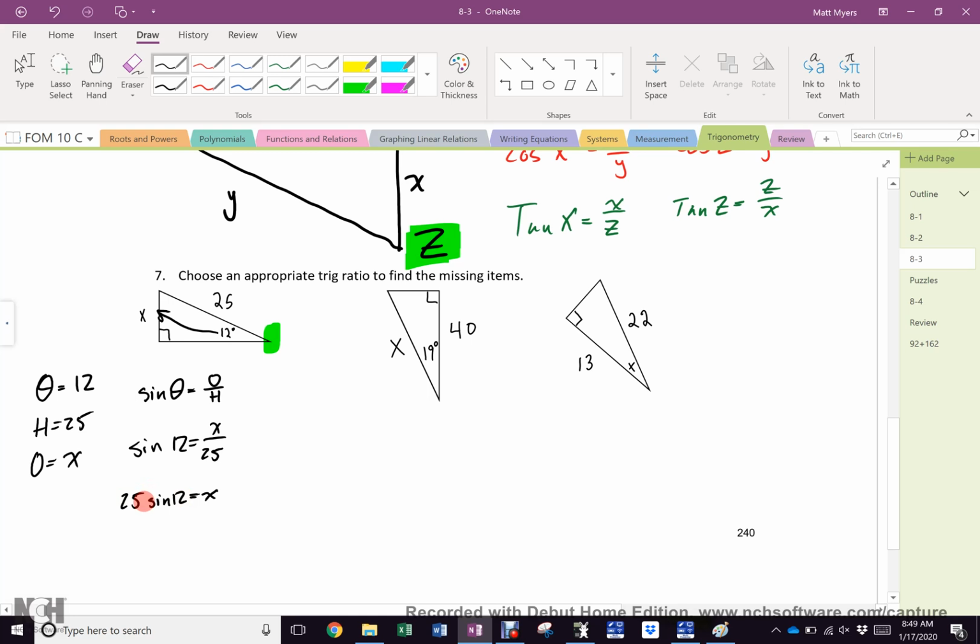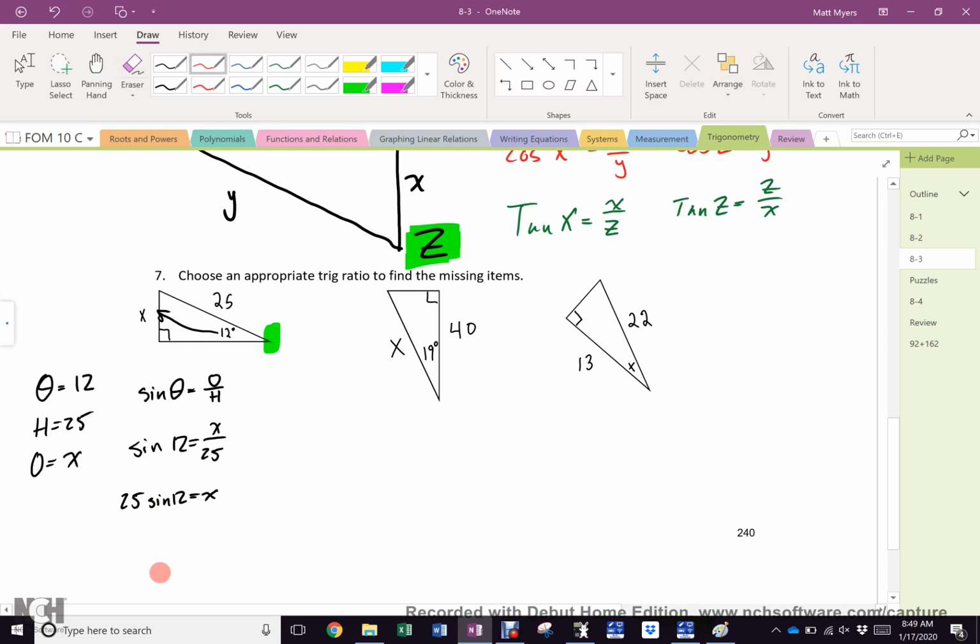Some of you may need to push times, but most of you probably won't. 25 sine 12. Then you may need to close the bracket, then hit equals. If you are the other way, you reverse that order exactly. 12 sine times 25 equals.